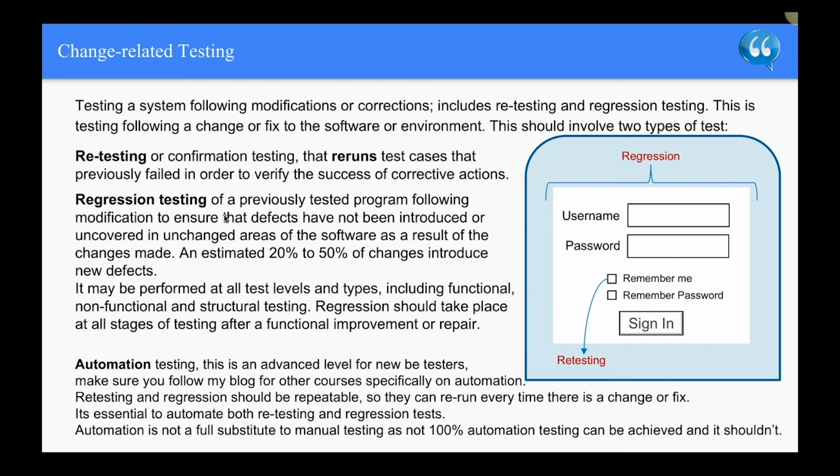So it's always important to do regression tests prior to releasing the software. It may be performed at all test levels and types, including functional, non-functional, and structural testing. Regression should take place at all stages of testing after a functional improvement or repair has been done.